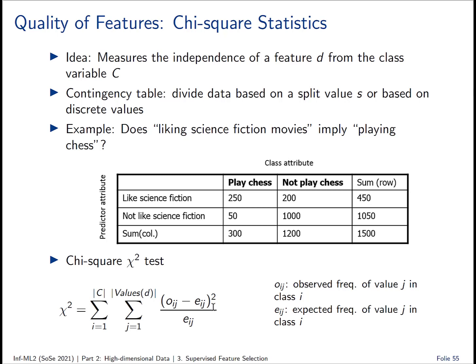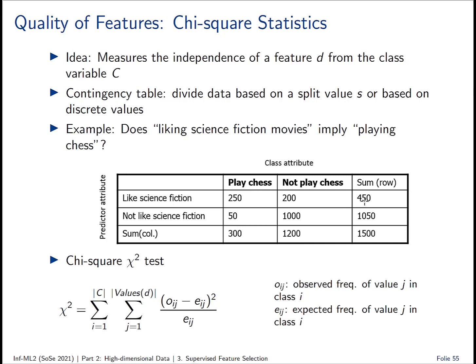So what are the expected values actually? Well, we can look at the numbers here. We know that we have 1,500 observations in total, and 4 of 5 of those 1,500 observations do not play chess, and 1 of 5 of these 1,500 observations play chess. So that is the expected value.